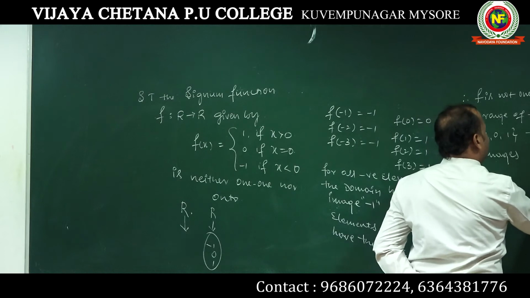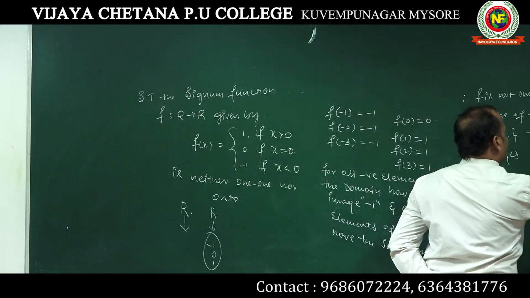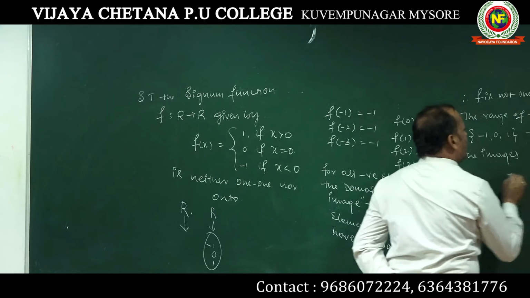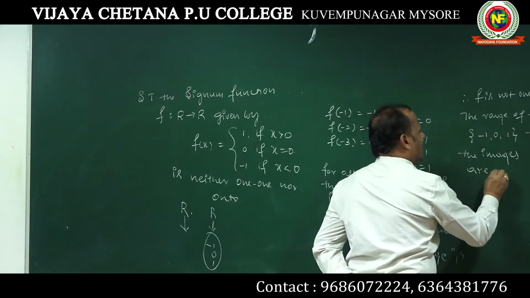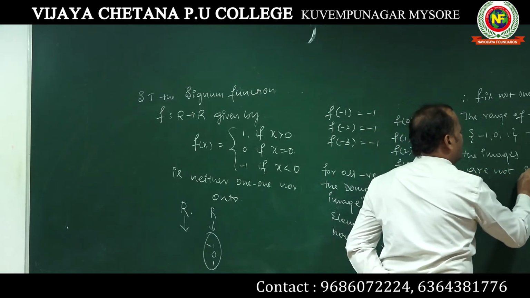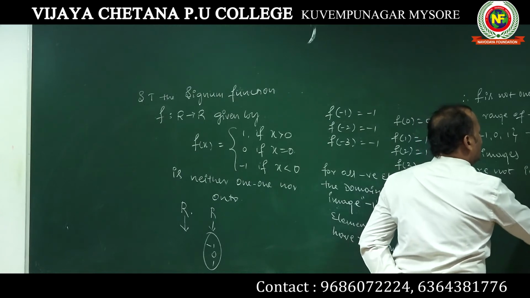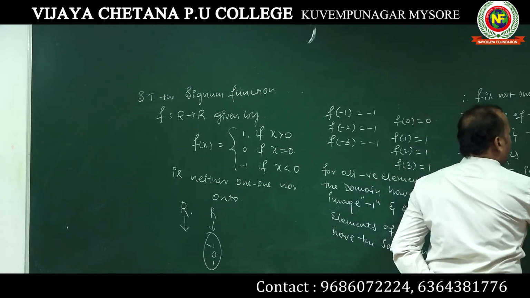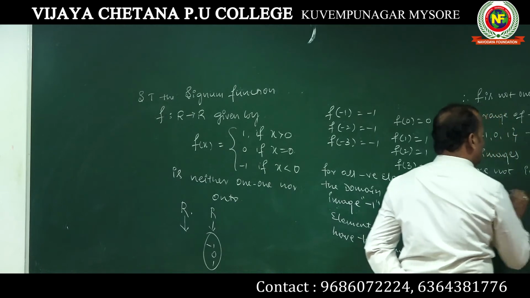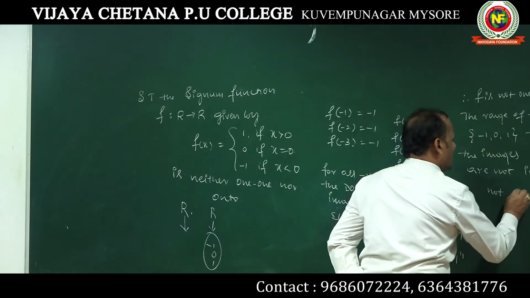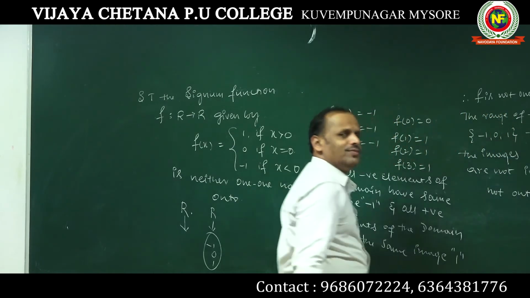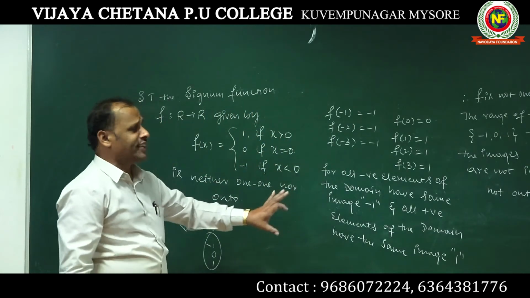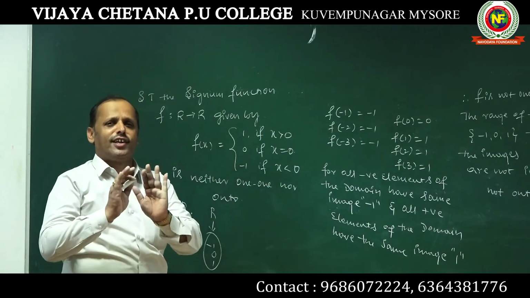Other elements are not images. Therefore F is not onto. Therefore the Signum function is neither 1-1 nor onto.